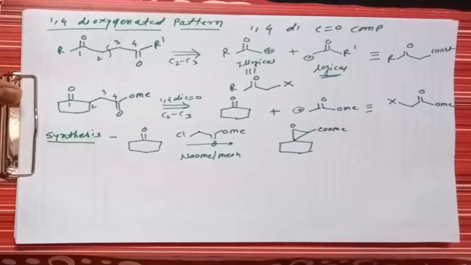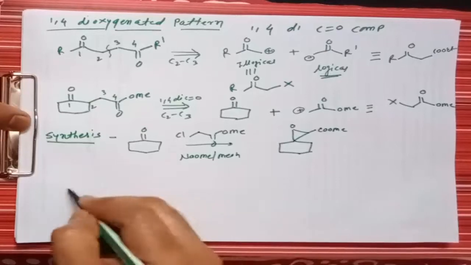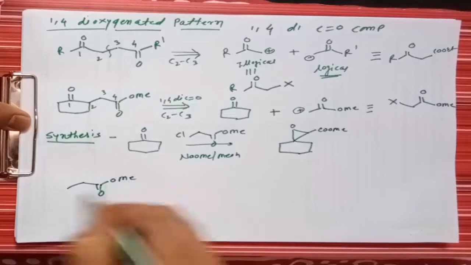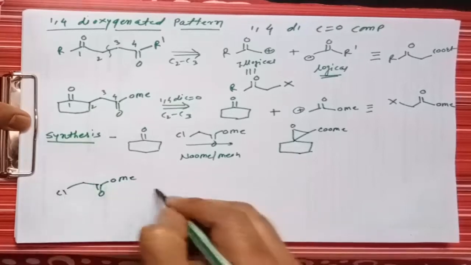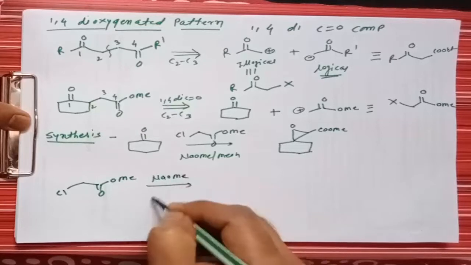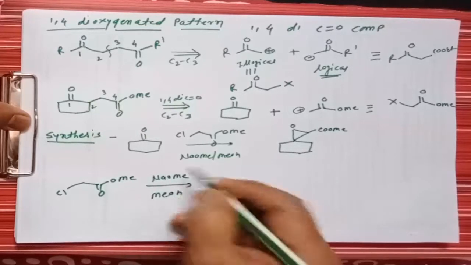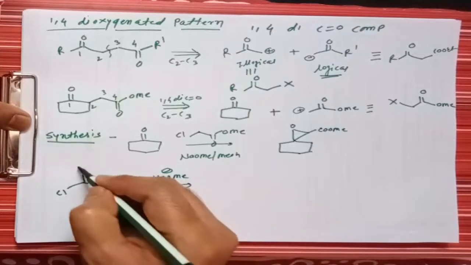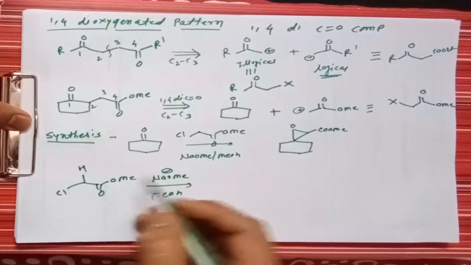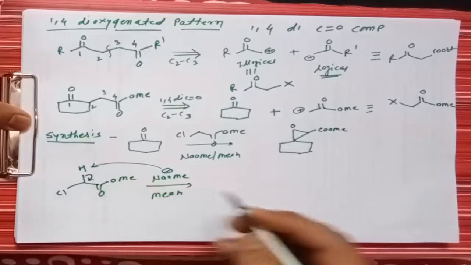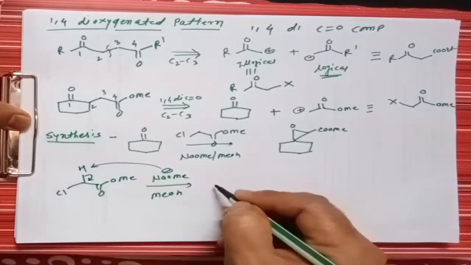So why does it give such type of molecule? Because when you treat the alpha halocarbonyl compound, OMe Cl, with sodium methoxide, that is a base, in presence of methanol, the hydrogen near this carbonyl halo is more acidic, and therefore the base will take the proton, and it gives formation of a negative charge at this position.